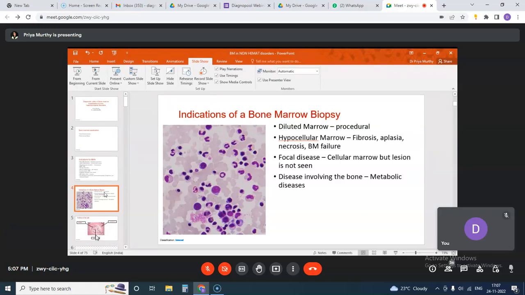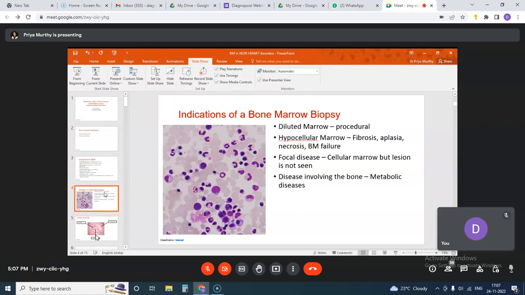Bone marrow biopsy is also useful for diagnosis in conditions of hypocellular marrow associated with fibrosis, aplasia, a lot of necrosis, and in failure states as well. When bone marrow is involved by a focal disease, a bone marrow aspirate is not that useful and a bone marrow biopsy becomes more useful. We can also use the bone marrow biopsy to study metabolic diseases.